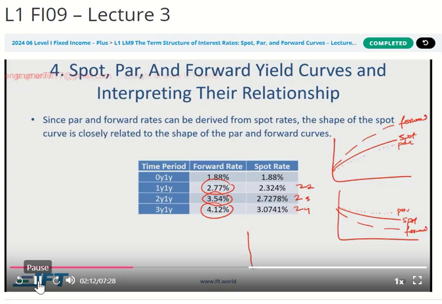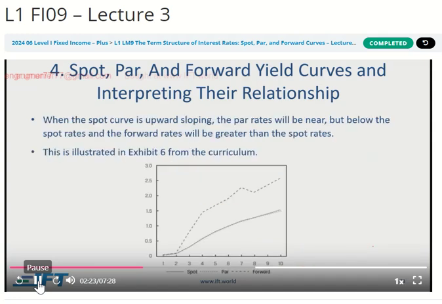By the way, if it's flat, then all of them will be equal. So spot will be equal to par, which will be equal to forward. And that is essentially what you need to know in this part of the learning module, which is the relationship between these. If, for example, it's upward sloping, your forward will be leading and your spot will be in the middle and your par will be below that.